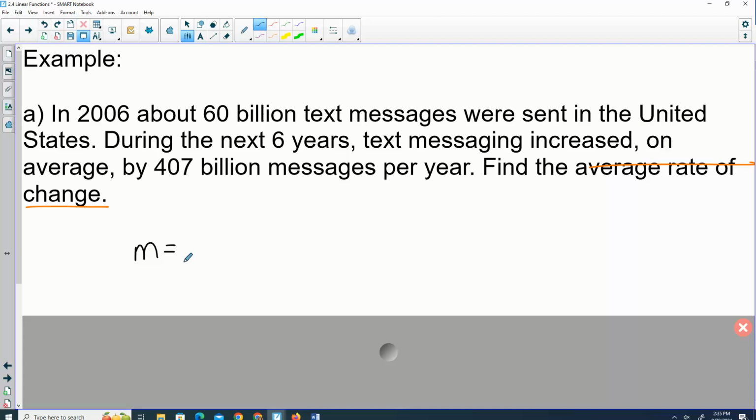Okay, did I tell you the slope in this problem? I think I did. What is it? 407 billion per year. You'll know because your unit is something per something. That tells us it's a rate of change. When you are finding an average rate of change, units are important, so we wouldn't want to just say 407. We're explaining what that means. It's a positive, so that means it's going up. It's increasing by 407 billion every year.